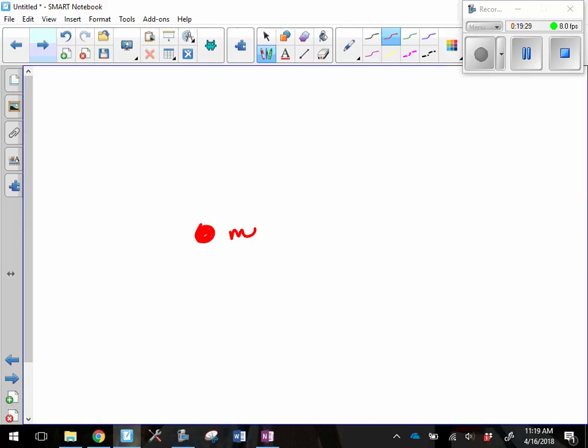And what are the forces that are acting on my pendulum bob? There's a gravitational force. And what else? No, let's not talk about the restoring force yet. What else is acting on the pendulum? There's a tension force.